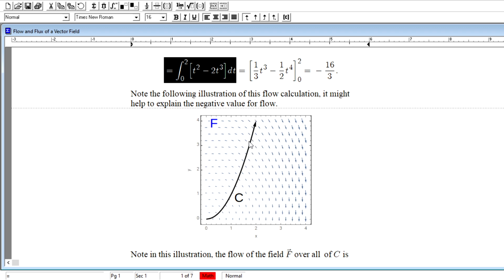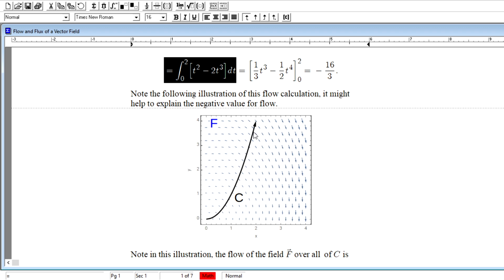For instance, at this location right here, we can see the field is actually moving down and to the right, where the curve is actually moving up and to the right, so there is going to be some opposition of the field to that forward motion. In a sense, the field is not really contributing to any flow along the curve.